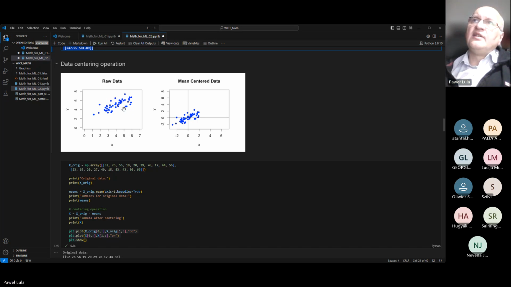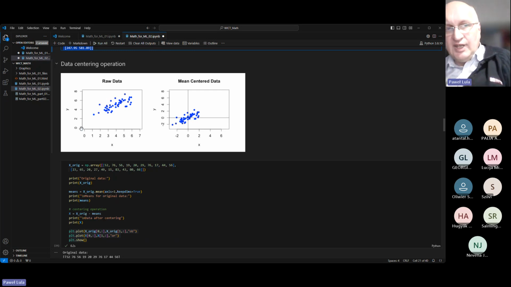And data centering is the operation in which we move all points in such a way that the point which is in the middle of this data set will be located at the point 0, 0.